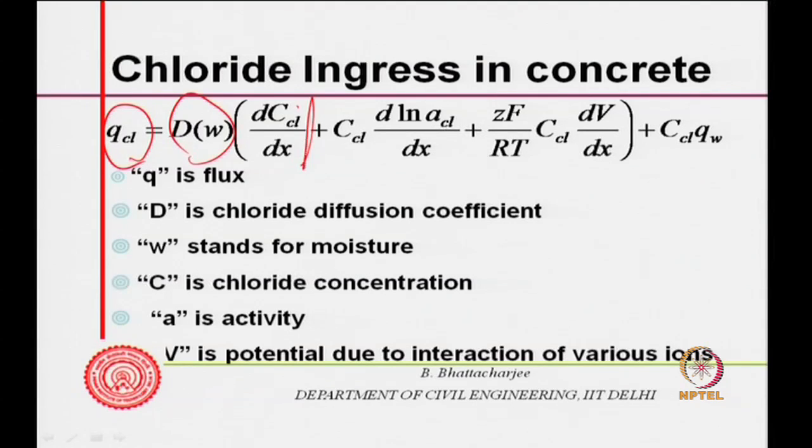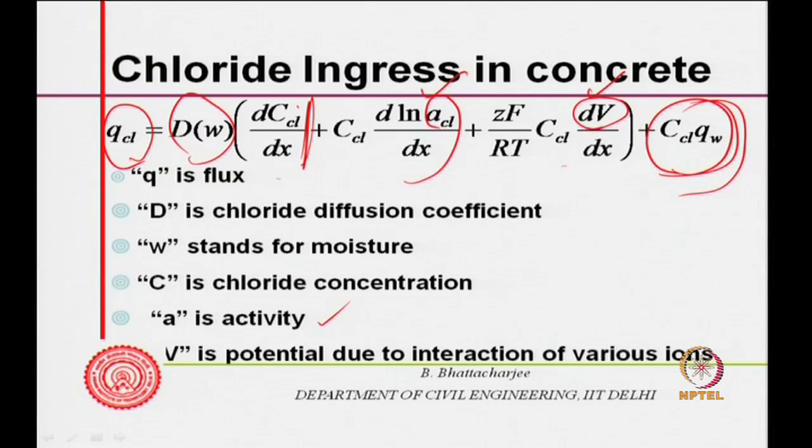This is under a concentration gradient, this could be under activation, because a reaction might be taking place, and if an external potential is applied, migration can occur. This is due to the water suction, the capillary suction or solution flux.